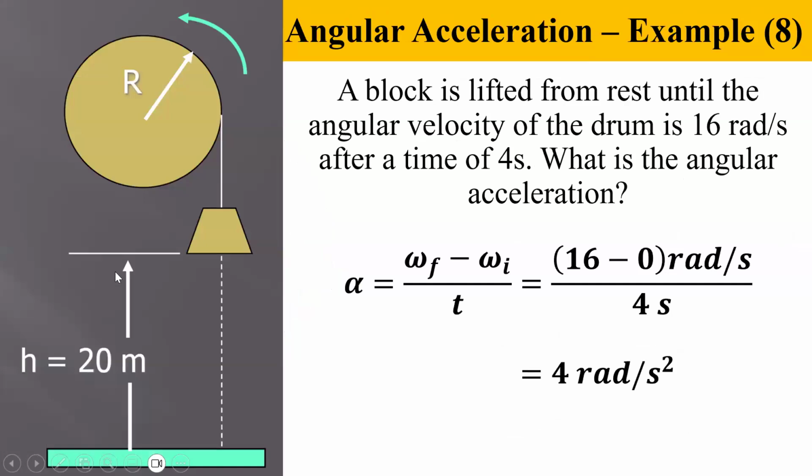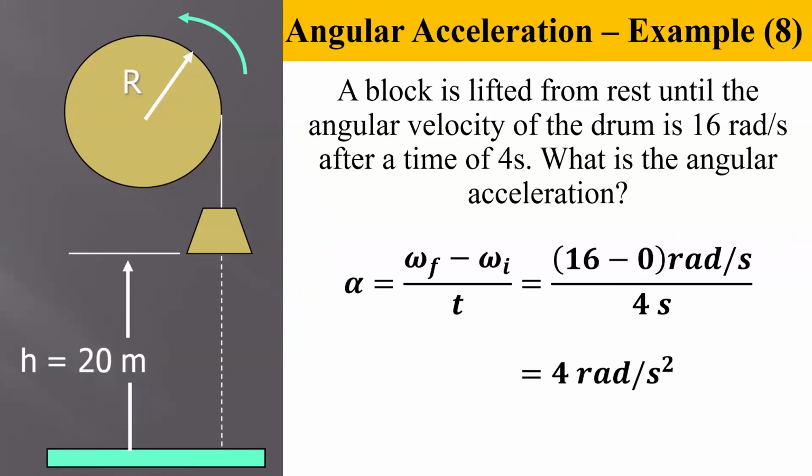Okay. So we have a problem here looking at angular acceleration. This is example 8. It says a block is lifted from rest until the angular velocity of the drum is 16 rad per second after a time of 4 seconds.